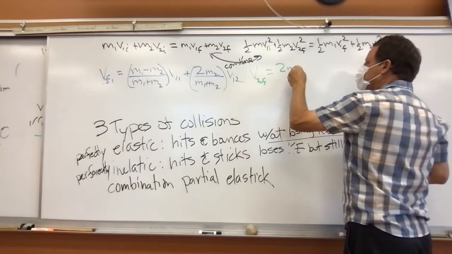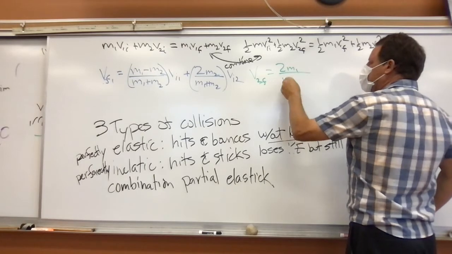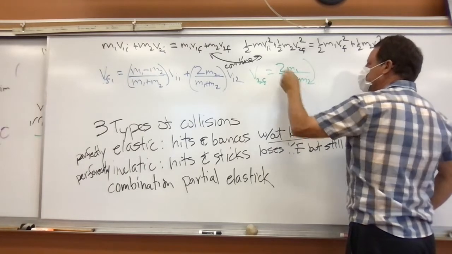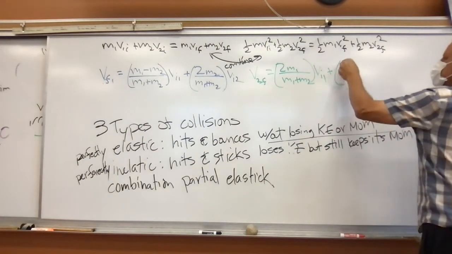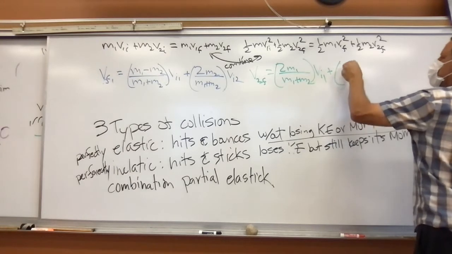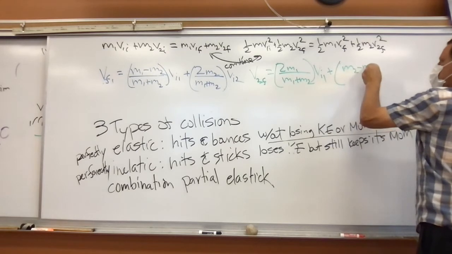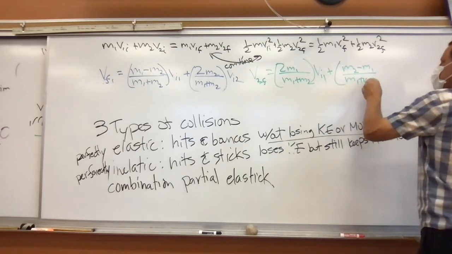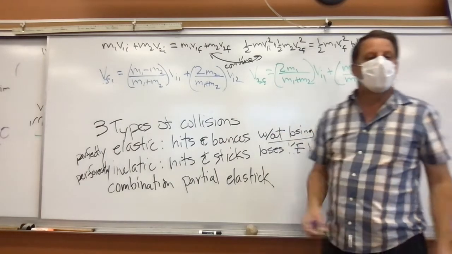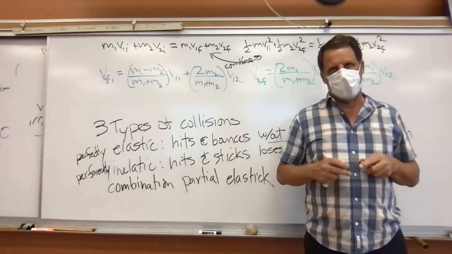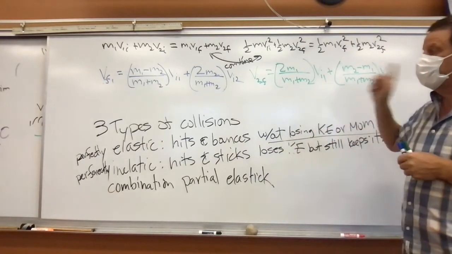It's going to be 2 times the first mass divided by M1 plus M2, times the initial velocity of the first ball, plus M2 minus M1 over M1 plus M2, times the initial velocity of the second ball. Again, it looks really complicated, but we will see that it is not so bad. I'm going to give you a chance to write that down.